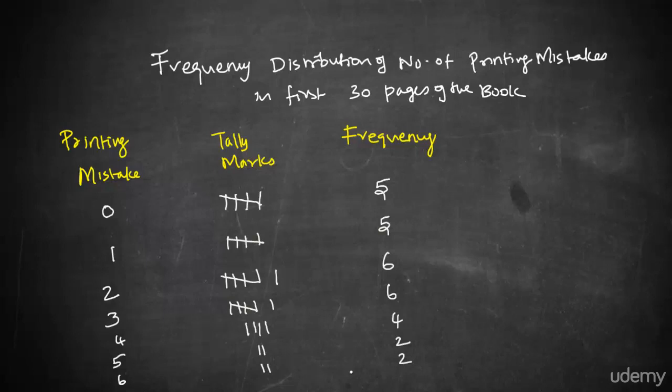So the total is 30 pages. This total frequency of 30 is distributed over these many pages. This is the inference we get from this table, and this is how frequency distribution is useful for us.